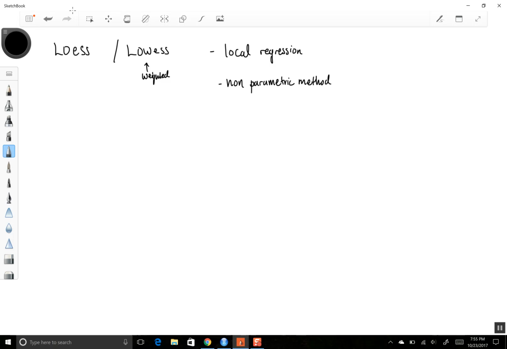We get basically just a drawn curve, a set of coordinates, and you can think of it as a recipe to eyeball a smooth curve through the data.